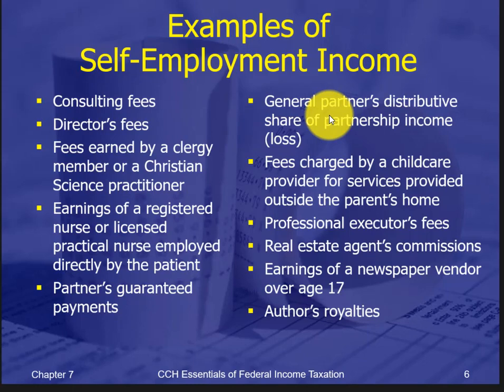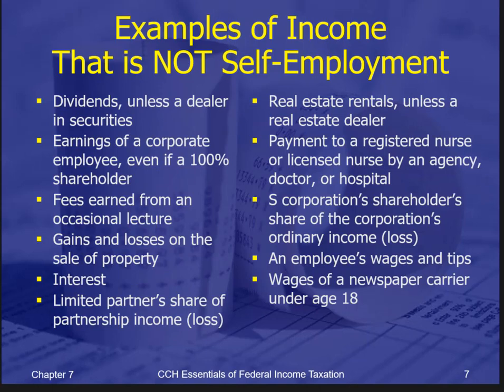Now, we'll talk about partnerships almost at the end of the semester, but just remember that that income from that partnership is generally included in self-employment income. And then you see some other things, an interesting little carve out in the earnings of a newspaper vendor over age 17. That would mean under 17 is not. So that's kind of an interesting little bow to those paper boys and girls, I guess.